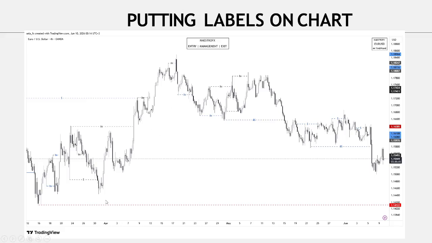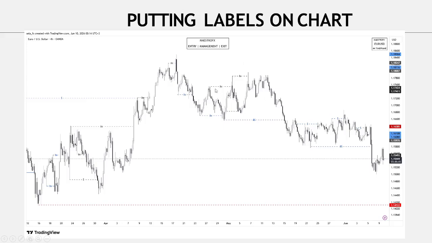This is how we analyze the market, by putting labels and identifying where the next demand zone will be, where the next supply zone will be: high, next demand, high, demand, supply, demand.